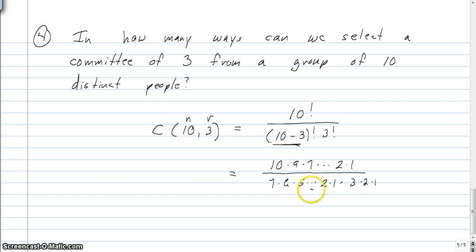Now to make life a little bit simpler here, I've got 7 times 6 times 5 times 4 times 3 times 2 times 1, both in the numerator and denominator. Those can cancel out. And actually, I made a little bit of a mistake there because I left out my 8. It should be 10 times 9 times 8.